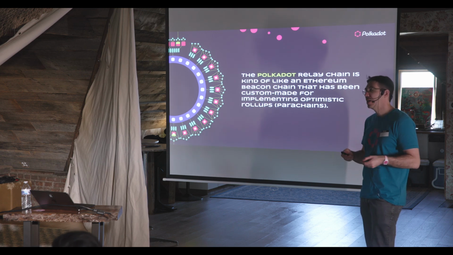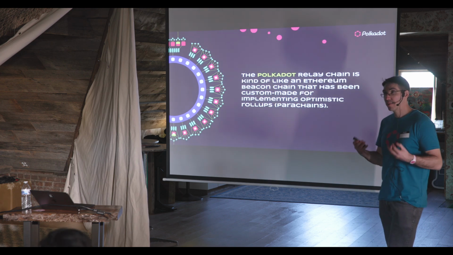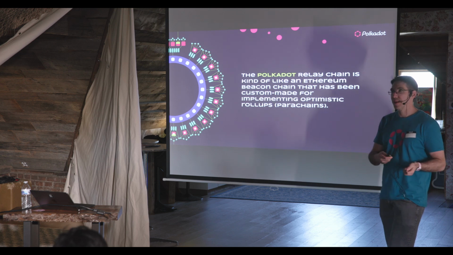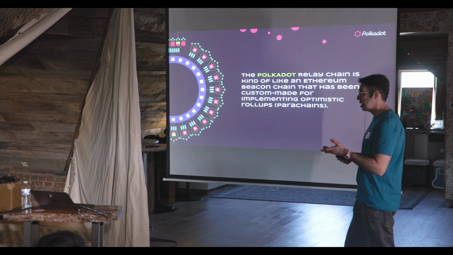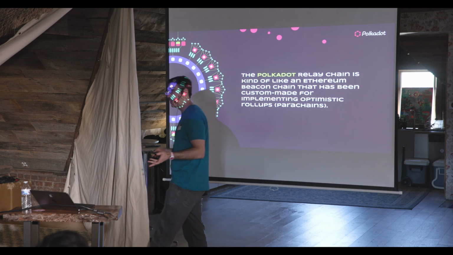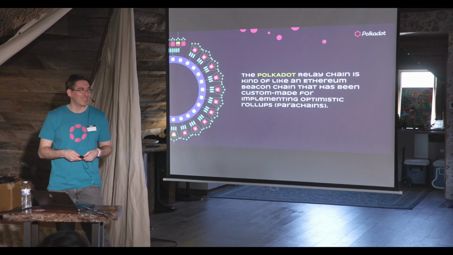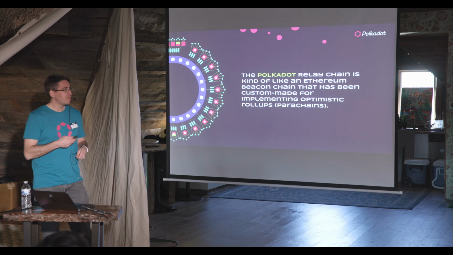They're essentially optimistic rollups, but built into the parachain protocol is this challenge period, which happens very quickly. That's why whenever you send data or an asset from one parachain to another, it doesn't take you 7 days, because it's built into the protocol.